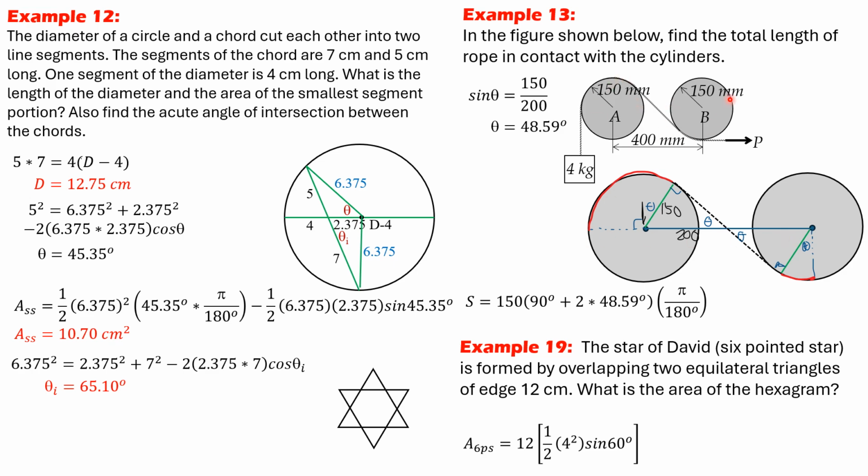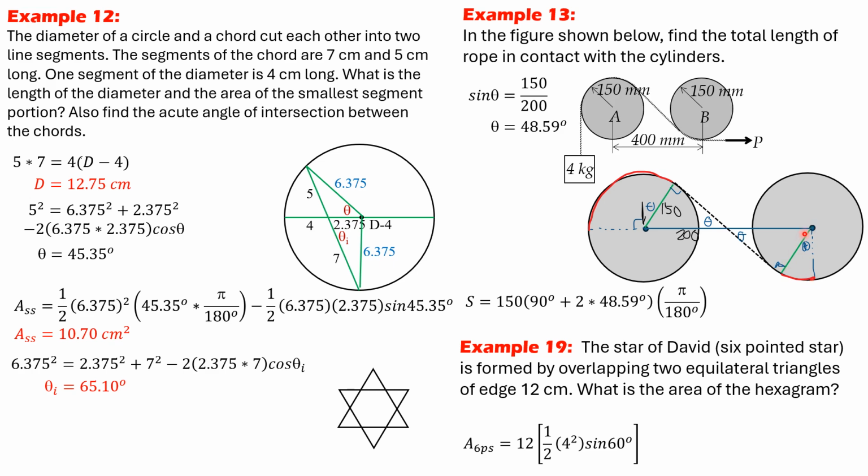Because we have identical pulleys, this is 400 mm, that's the tangent. So I'll call this theta, that's also theta. Angle of inclination is also the angle between the vertical and the perpendicular to the inclined plane. This is the radius, so that's also theta.